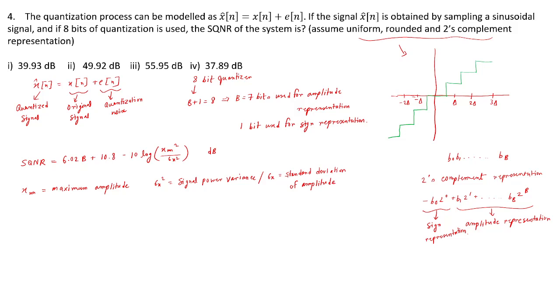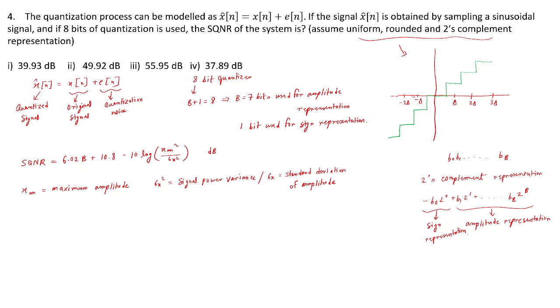So for this particular question, we already have b available to us. So what is preventing us from computing the SQNR value directly? You can see that is the xm and sigma x, or to be specific their ratio. Now for this xm by sigma x, we have been given a hint that we are sampling a sinusoidal signal.